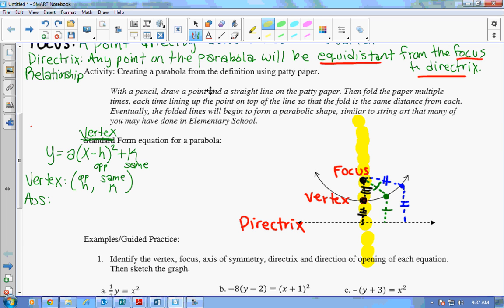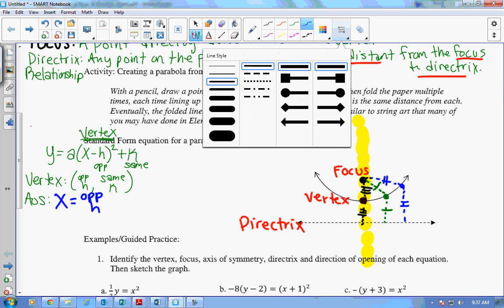The x-coordinate, because the vertical line slashes through the x-axis, so it shares the x-coordinate. And it's an equation, x equals whatever the opposite of h was. Because it will be the same x-coordinate, but it's an equation, x equals, yeah?